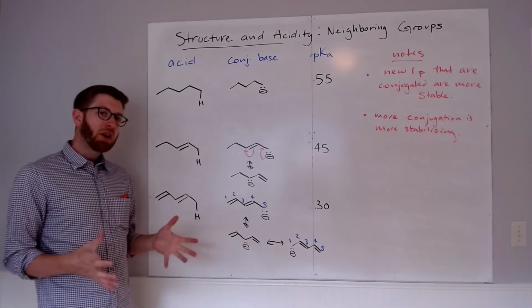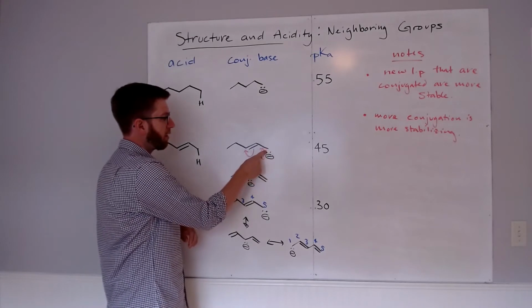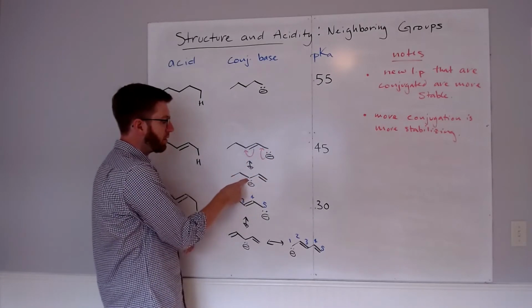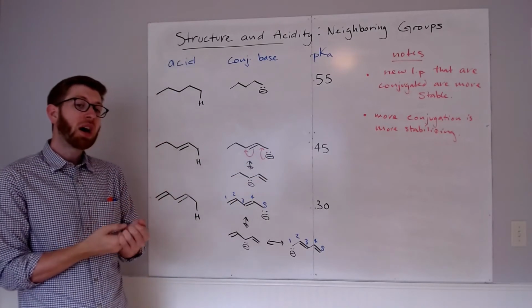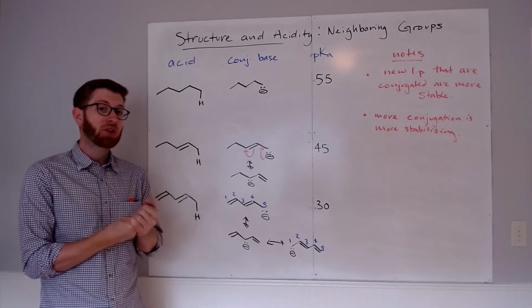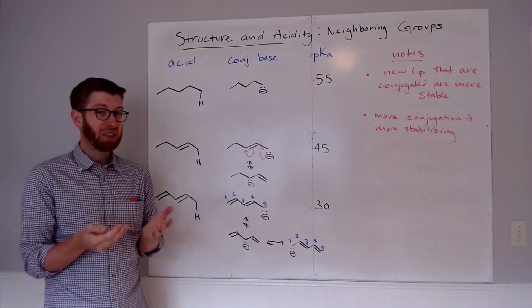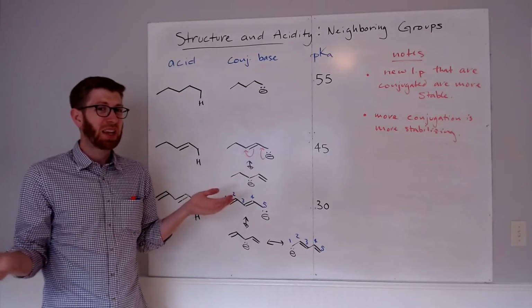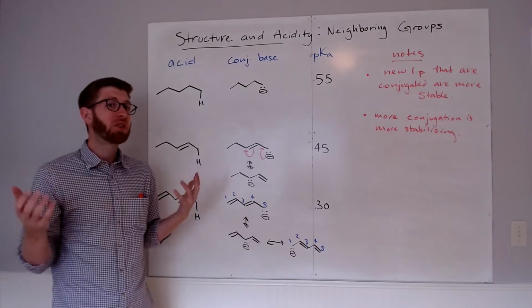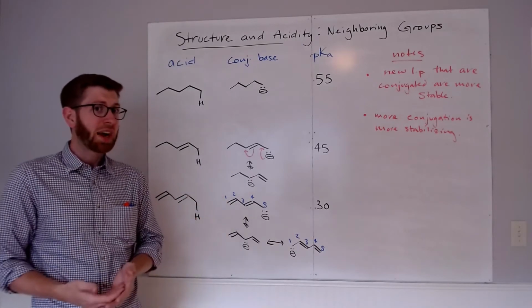Another way you could think about this is that if this lone pair exists on the carbon here and the carbon here at the same time, how many carbon nuclei does that lone pair actually experience? It sounds like it experiences 2 different nuclei at the same time. So like double the number of protons, which remember, protons and electrons attract.